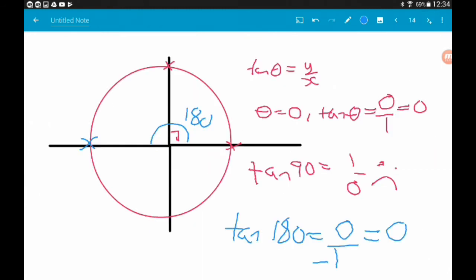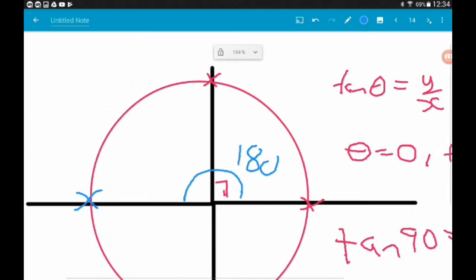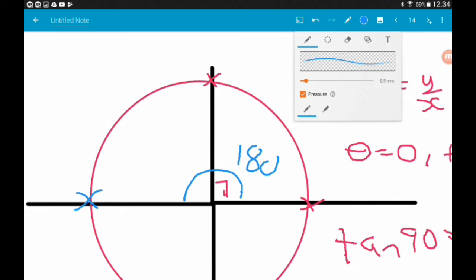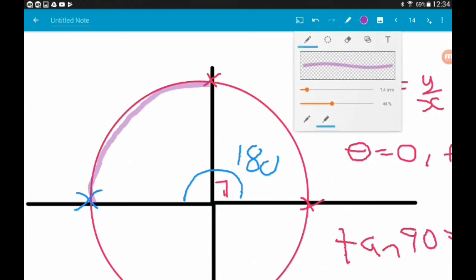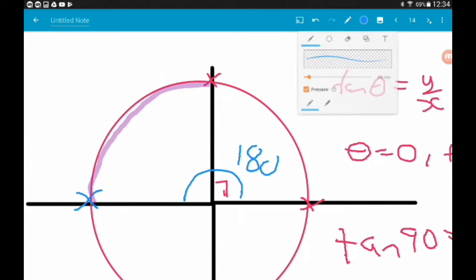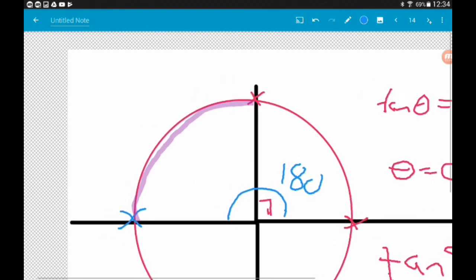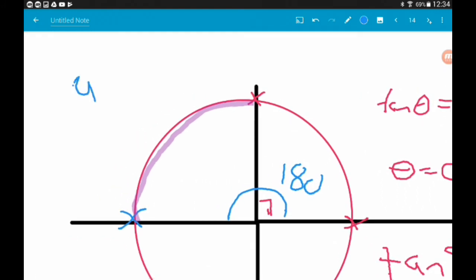So how do we get this negative part of the graph? Well, remember, between here and here, y is positive, so y is greater than 0, but x is negative.